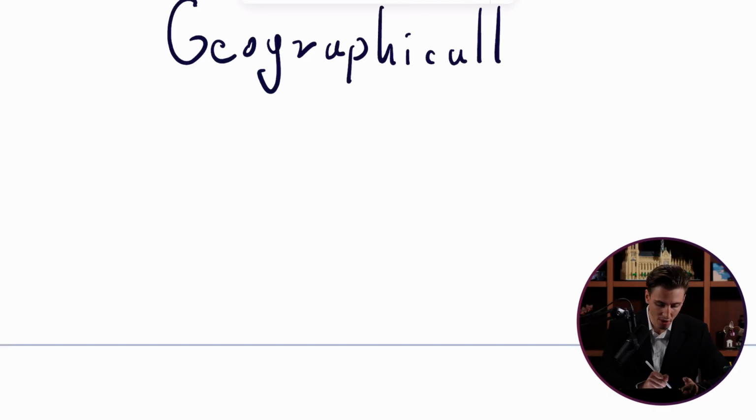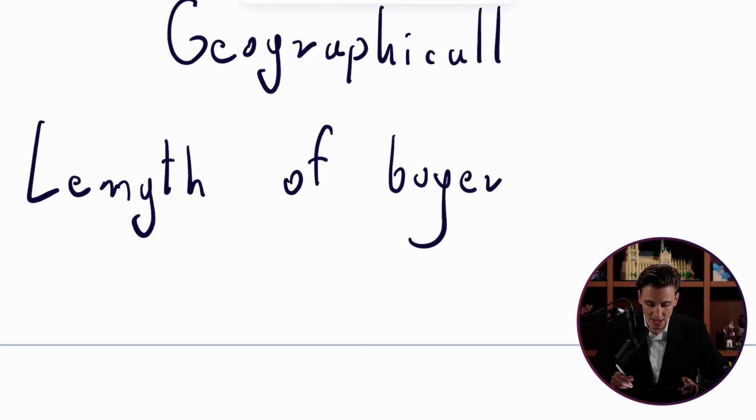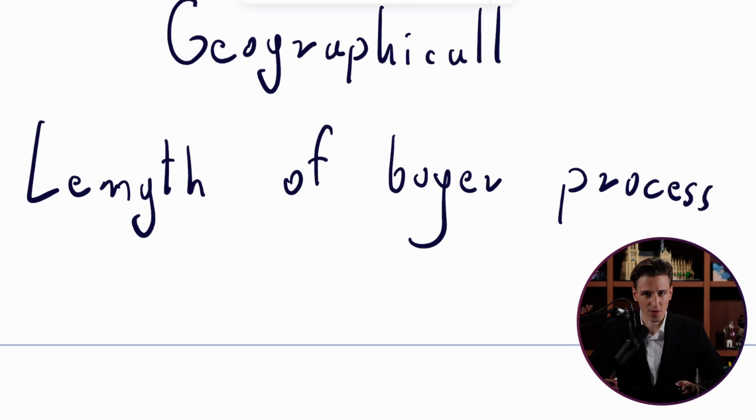Of course, the length of how long they are buying. So length of buying process. It's what I already mentioned, but I think you can still put that into consideration and think about what is important for you, and based on this, make your decisions.